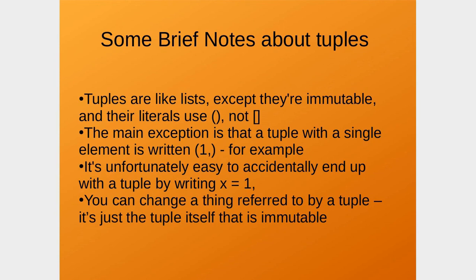You can change a thing referred to by a tuple. It's just the tuple itself that is immutable. So if you have a tuple that contains a list, you can change what's inside that list, but you can't repoint the tuple at a different list, not without reconstructing the entire tuple.